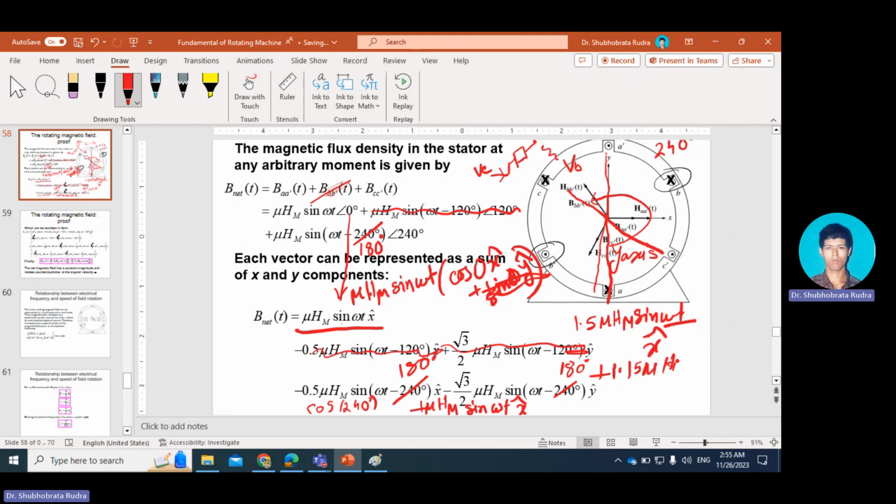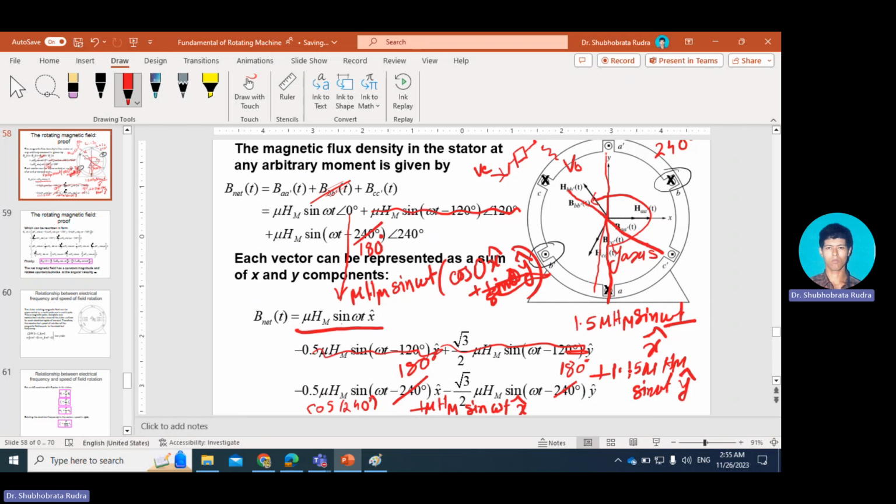So what you are having here is XY kind of mixed things, and it is not rotating at all. It is continuously fixed.